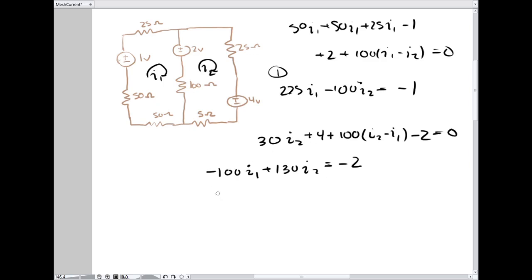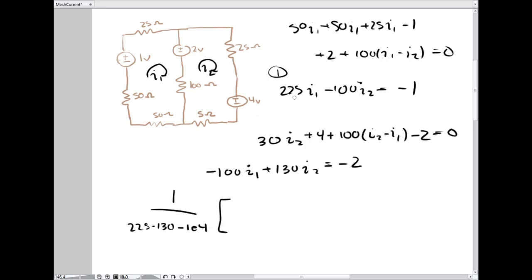Okay, so if I have a 2 by 2, my favorite way of solving it is just inverting the matrix. So that's 1 over the determinant of the matrix, which is 225 times 130 minus 1 E4.